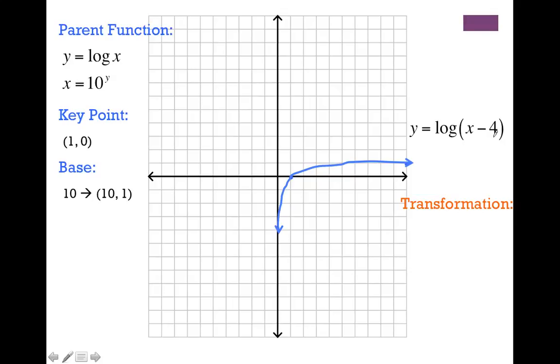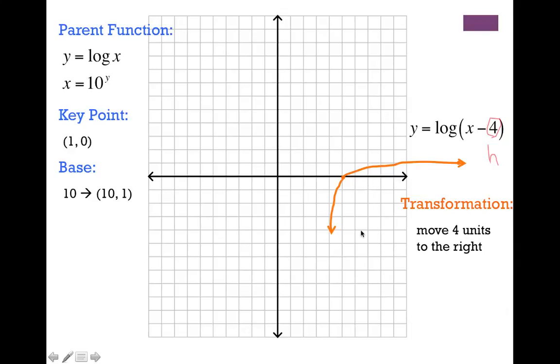Well, this time I have this minus 4 out here, and that 4 is going to be an h. So an h of 4 tells me that I have to move my graph 4 units to the right. So every point that I have on this curve gets moved 4 units to the right, and I draw a new curve. So I get rid of the parent curve, and this is what I'm left with.